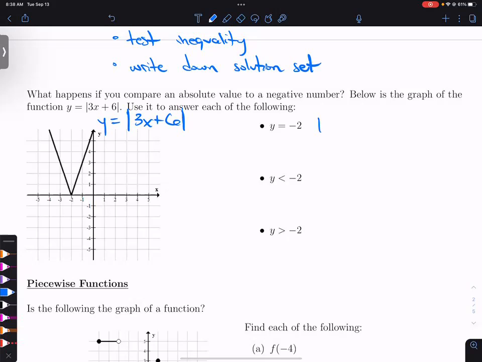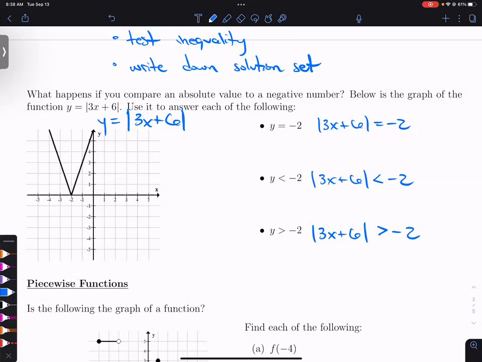Basically we're answering these questions, right? In place of y, I'm putting this function. Not really sure why I wrote it out the way I did, now that I'm looking at it. But we're answering each of those things.